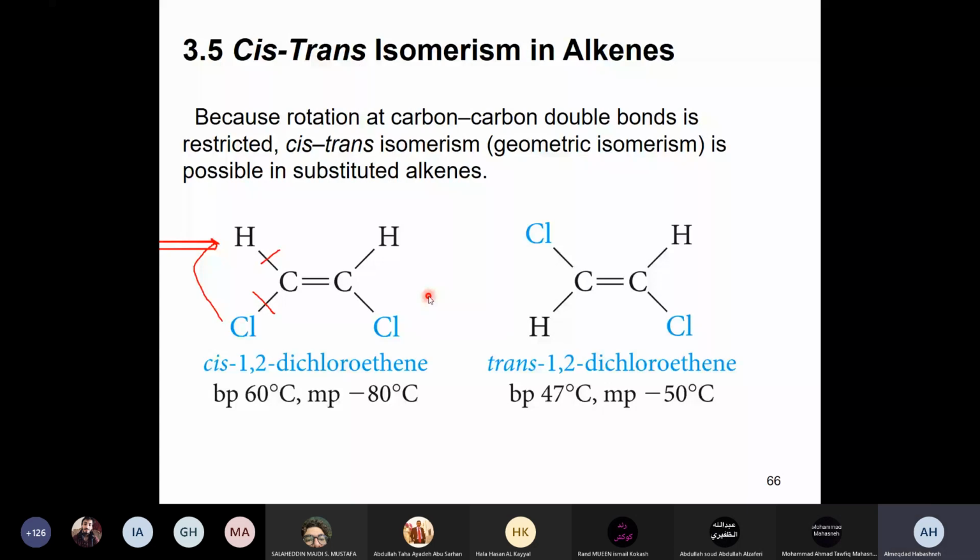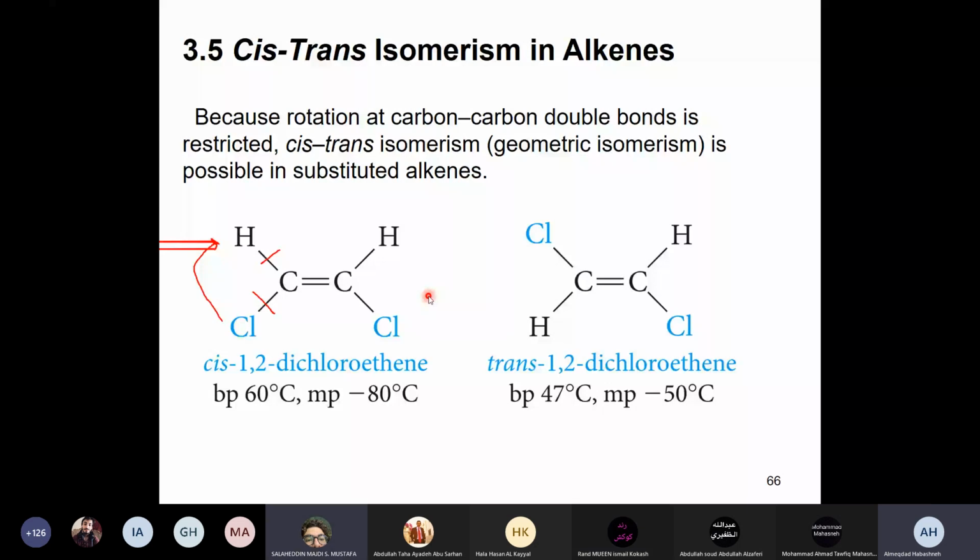As I said before, configurational cis-trans isomerism exists in two types of organic compounds. So please, what are those two types of organic compounds that have cis-trans isomers? الكين والسايكلين.